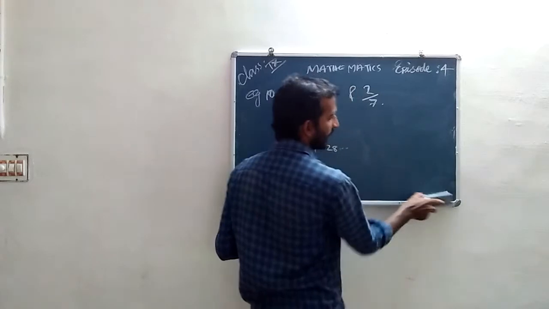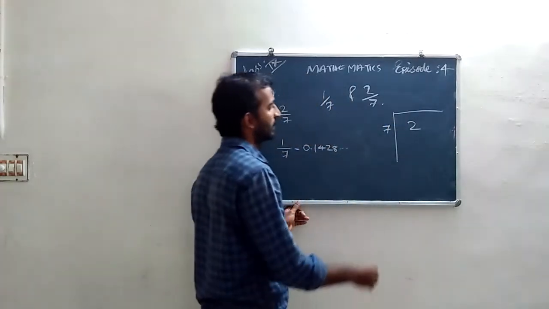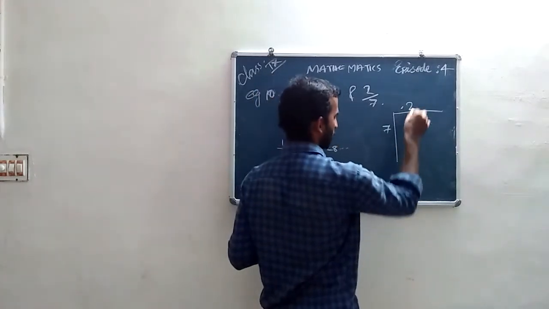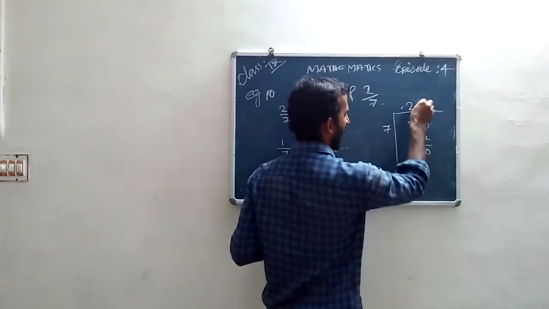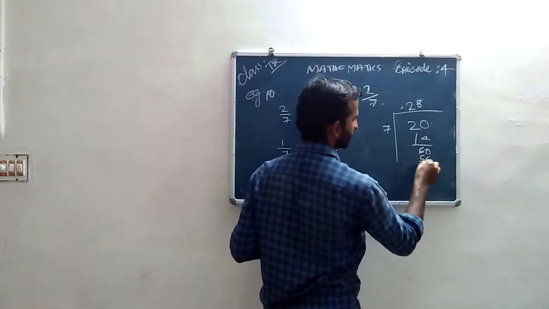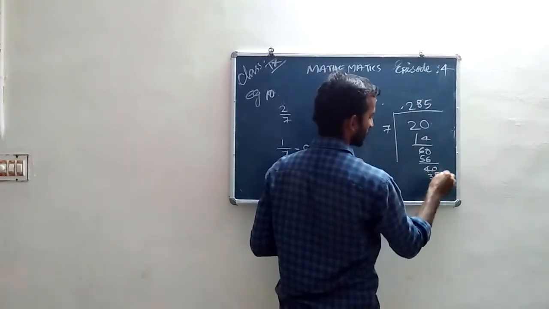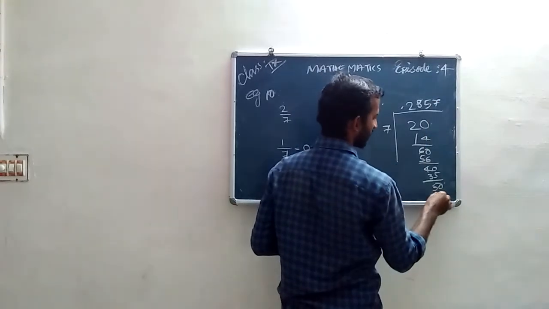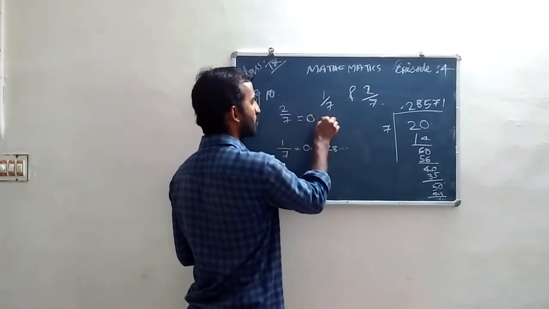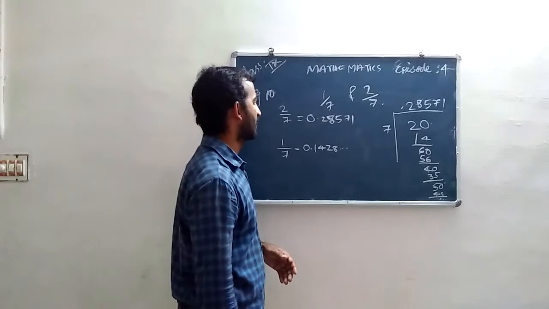In the case of 2/7, we put the decimal point and continue dividing. That is 0.285714.